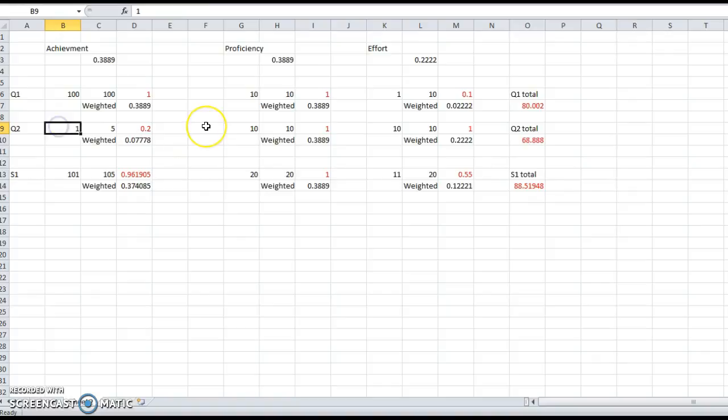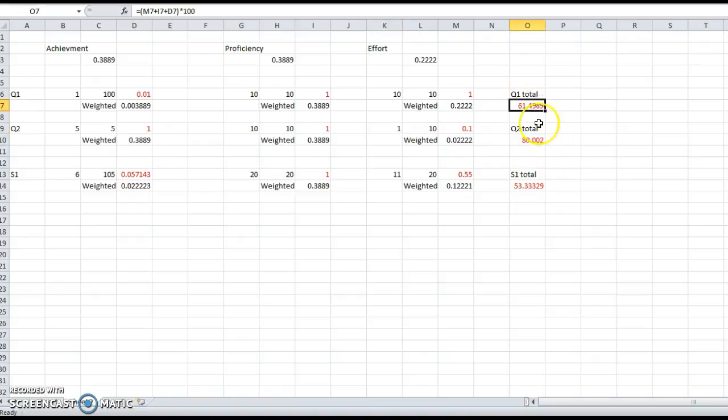If these are flipped, so if I have the low score in the big weight category, now that's ridiculously low, and I have the high score in the small category and the different quarter, the low score is going to be here. Now we have a semester grade that's lower than the two quarters.